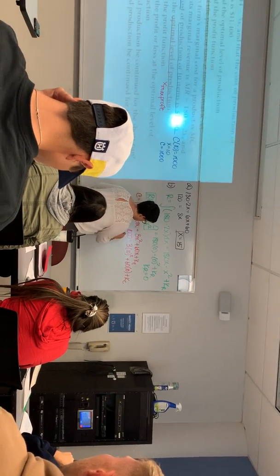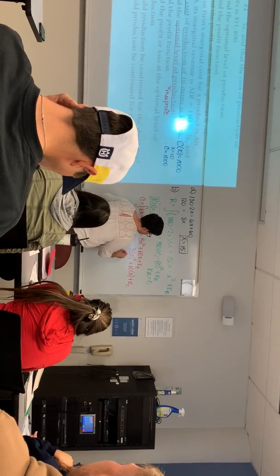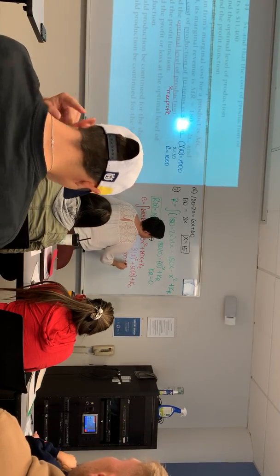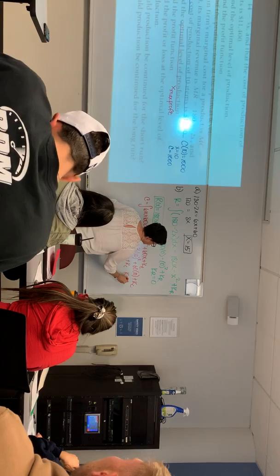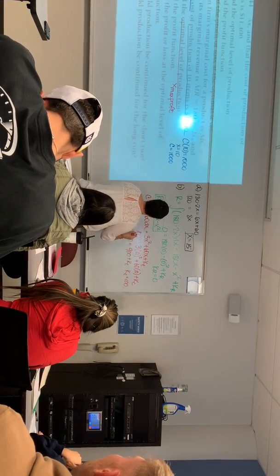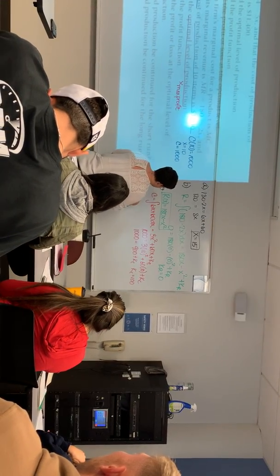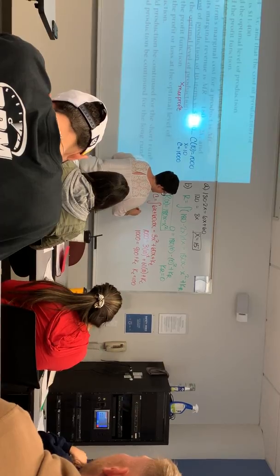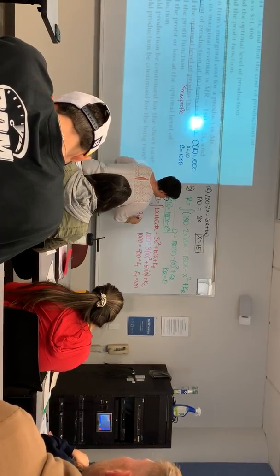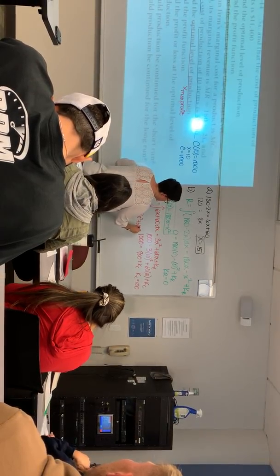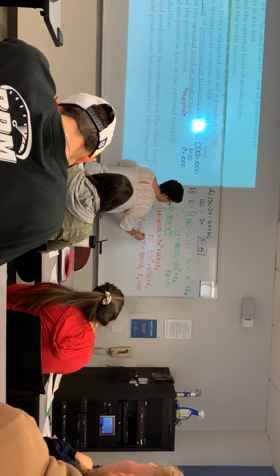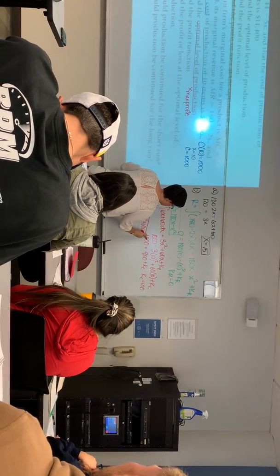So 1,000 equals 900 plus what? It's 100. So my real cost function is 3x squared plus 60x plus 100. I'm going to box that.